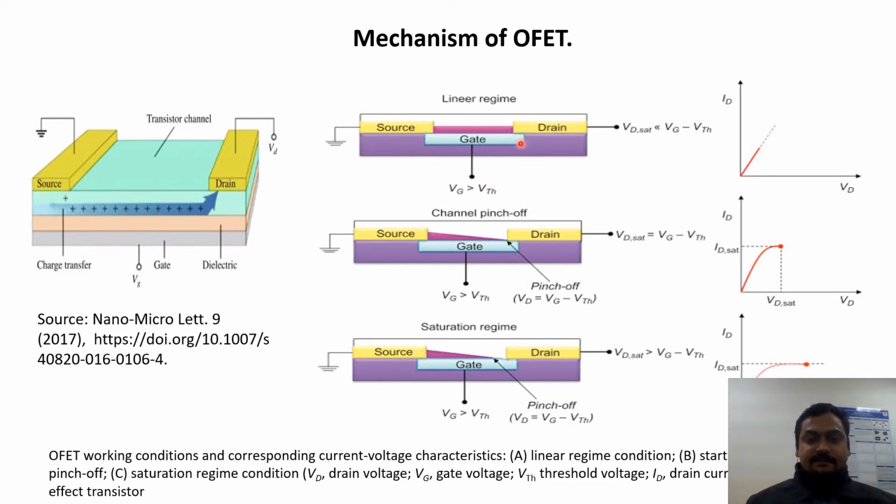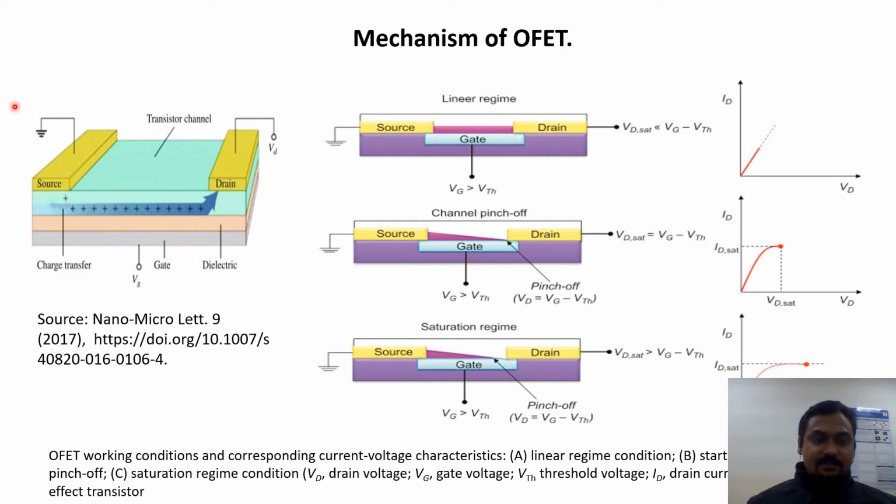If we have the gate voltage higher than the threshold voltage of this dielectric and this semiconducting channel, here you can see easily this is my semiconducting channel and this pink color is my dielectric.